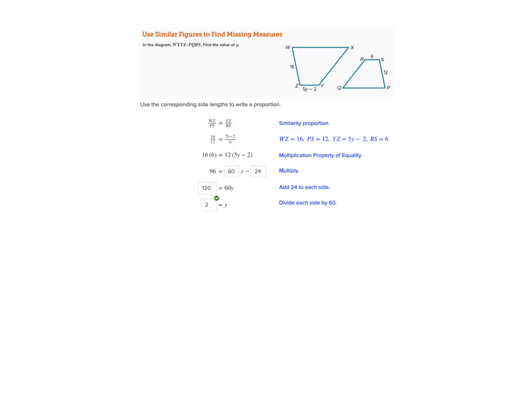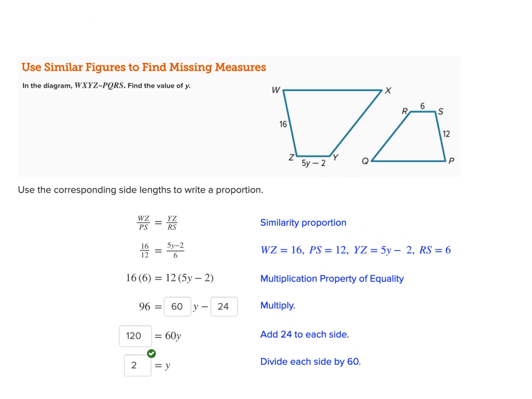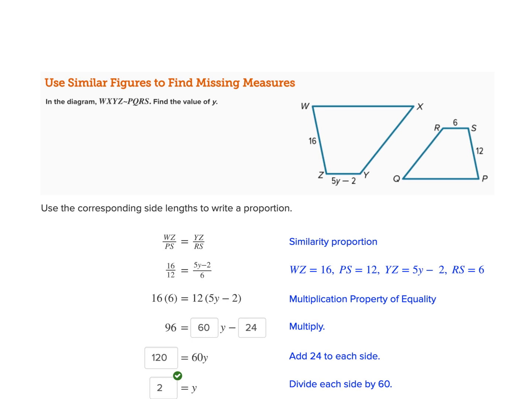But what's important is I want to show you how we solve for a missing side length, or in this case, we're going to solve for y. Now there's only two sides here for each. So it makes sense that the short side RS corresponds to YZ.